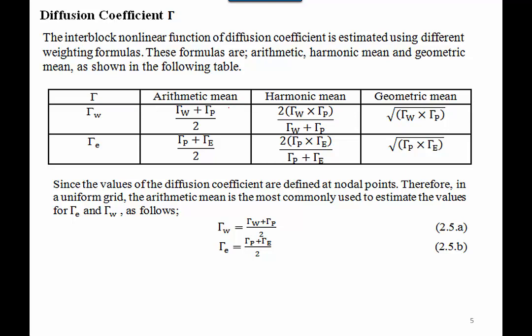The arithmetic mean method is the average value of the gamma values of the neighboring points for the west interface.